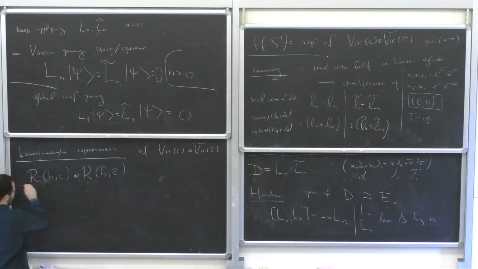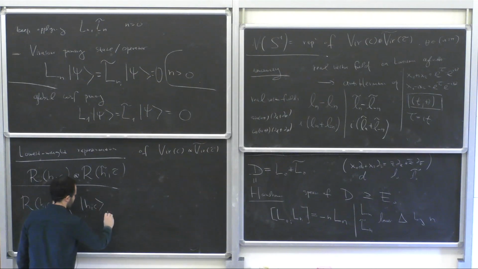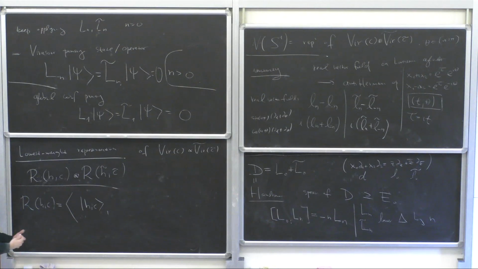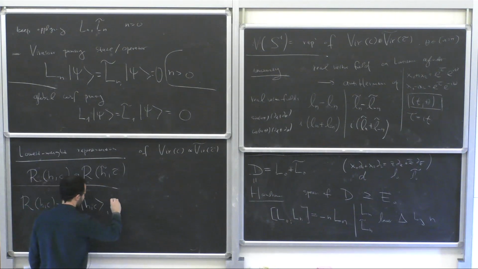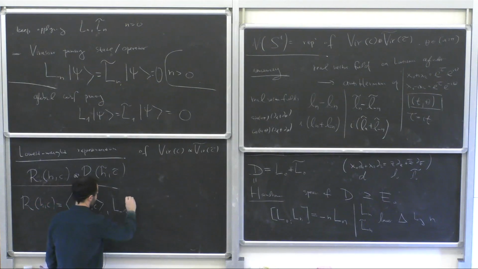Such that, what is it? It is the linear span of the lowest weight vector, which let's call it h and c, and then I can keep acting on it with all of the raising operators. So at level 1, there is 1.